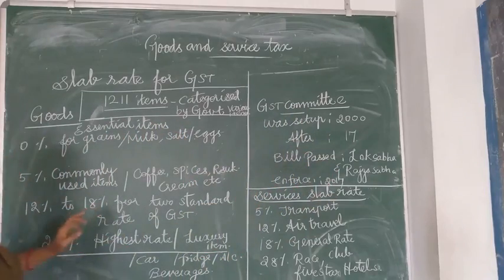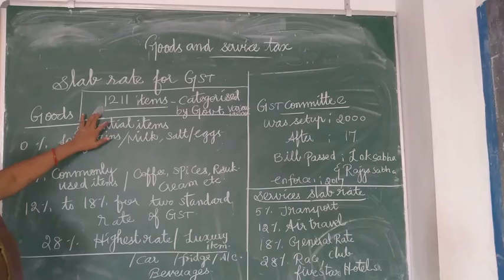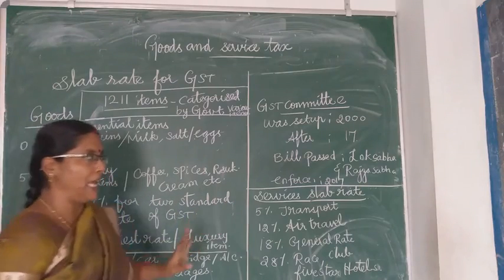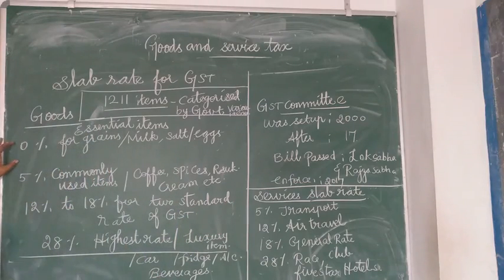Now let us look at the slab rate for GST. The government has categorized 1211 items for various slab rates in GST. Goods have separate slab rates and services have separate slab rates. For essential items such as milk, salt, eggs, and all the food grains, the government levies 0% GST.